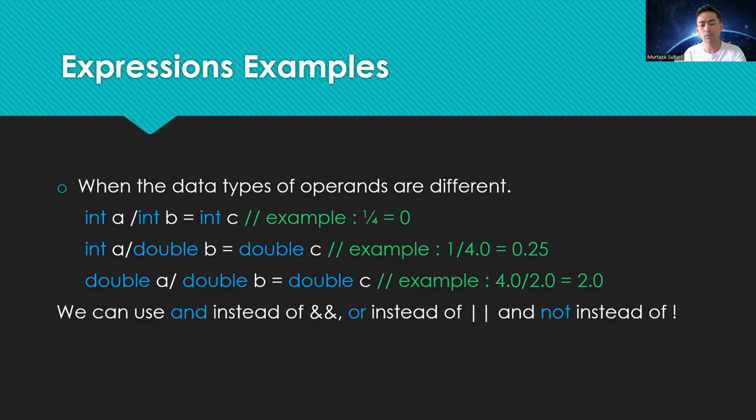We also need to understand that we have some keywords in C++, and when we declare variables, our variables should not be keywords such as double, int, and not. They can't be declared.